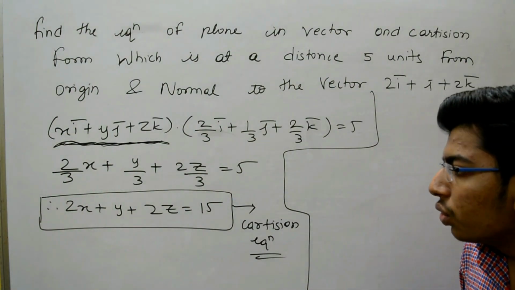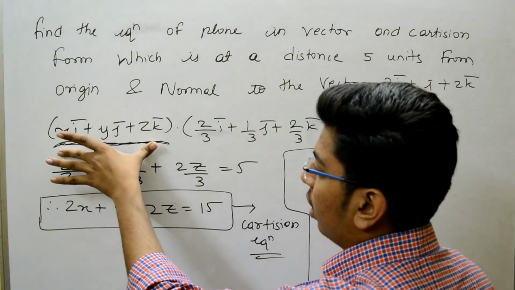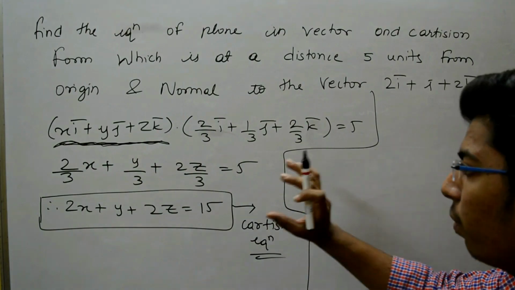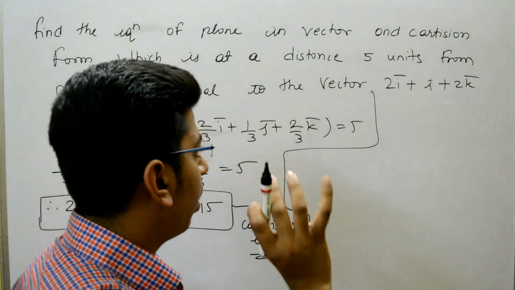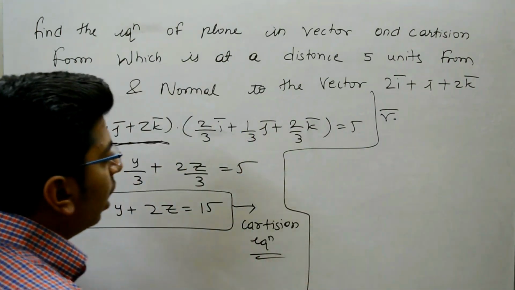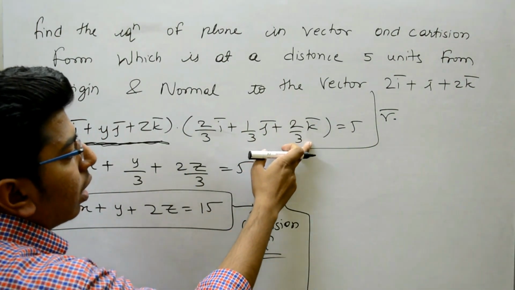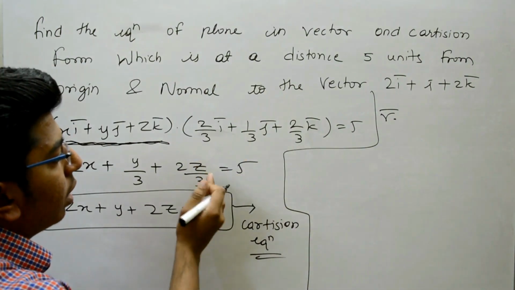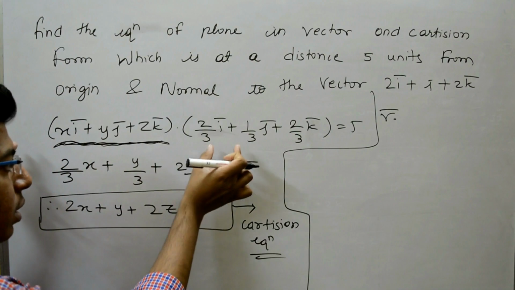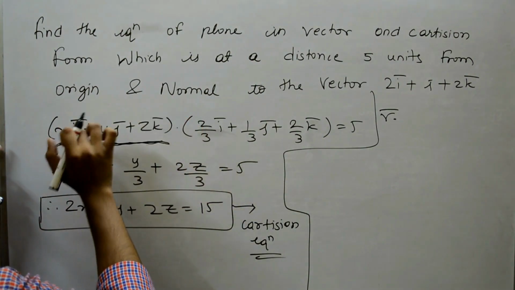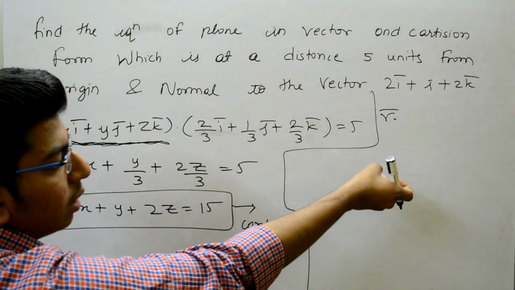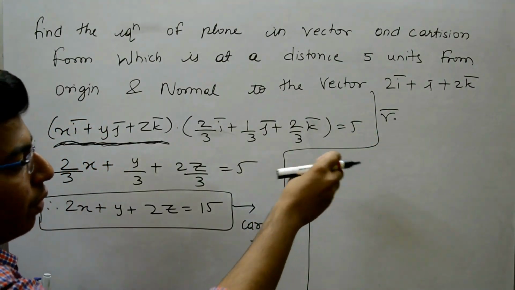Instead of this, you just write r bar, that is, the vector equation will be in this format: r bar into, taking the denominator 3 common and multiplying both sides by 3, this 3 and the multiplied 3 will cancel out, and this 5 multiplied by 3 becomes 15.